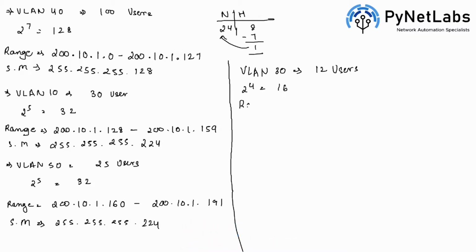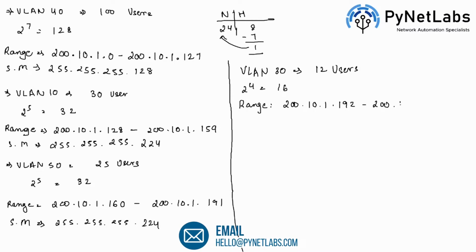So the range is going to be from 200.10.1.192 until 200.10.1.207.